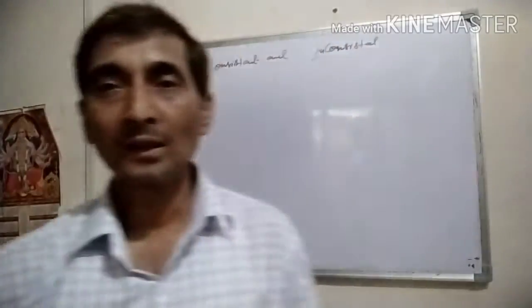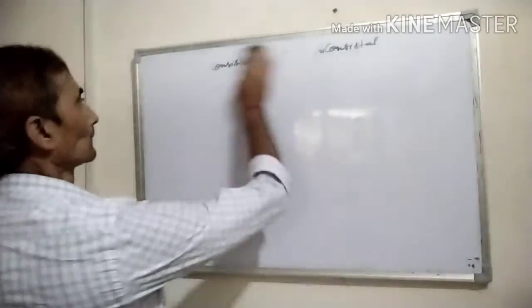So come on, your exercise number 3.2, and try to solve the problem. The first question of this exercise we did not complete. Form the pair of linear equations in the following problems and find their solution graphically.